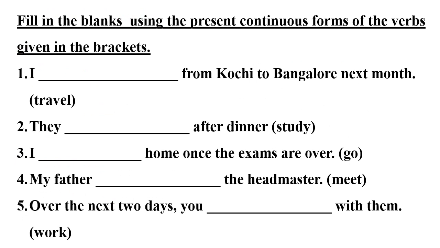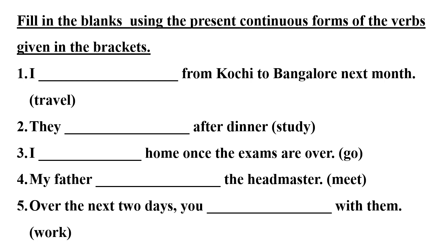Let's fill in these blanks using the future continuous forms of the verbs given in the brackets. That is super easy. What is the form of the future continuous tense? After the subject, we have to use the helping verb will be. And with the verb, we have to add ing. So look at the first question.